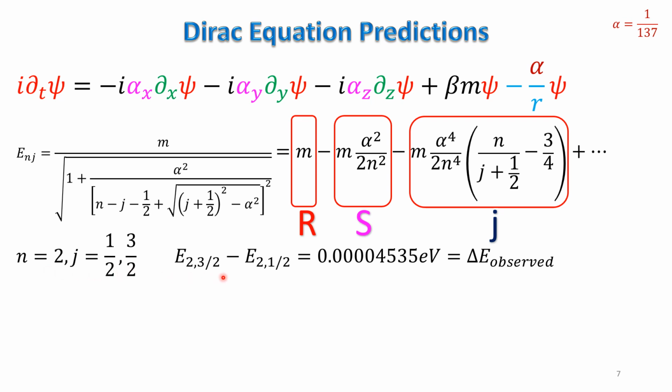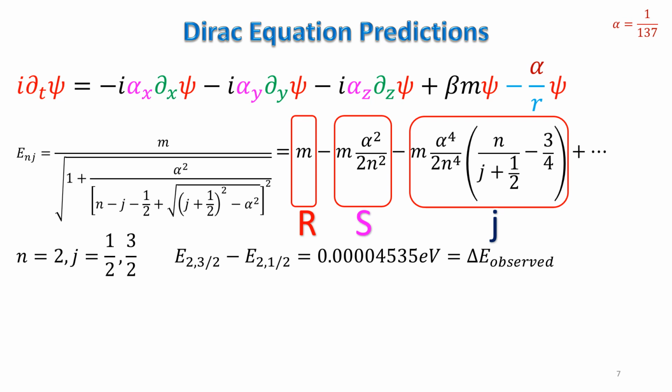The energy difference E2, 3 by 2 minus E2, 1 by 2 amounts to a tiny 0.00004535 electron volts. This is in excellent agreement with the observed fine structure split.